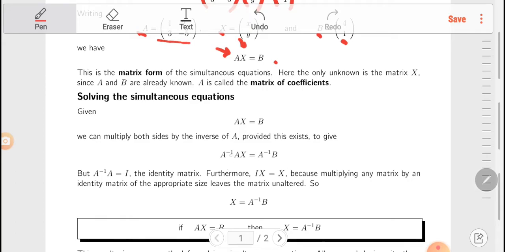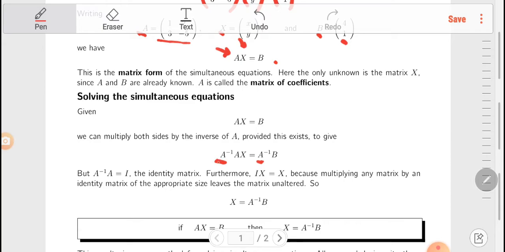We have to multiply carefully by the inverse of the matrix A on the left hand side, and multiply it in the first position on the right hand side.